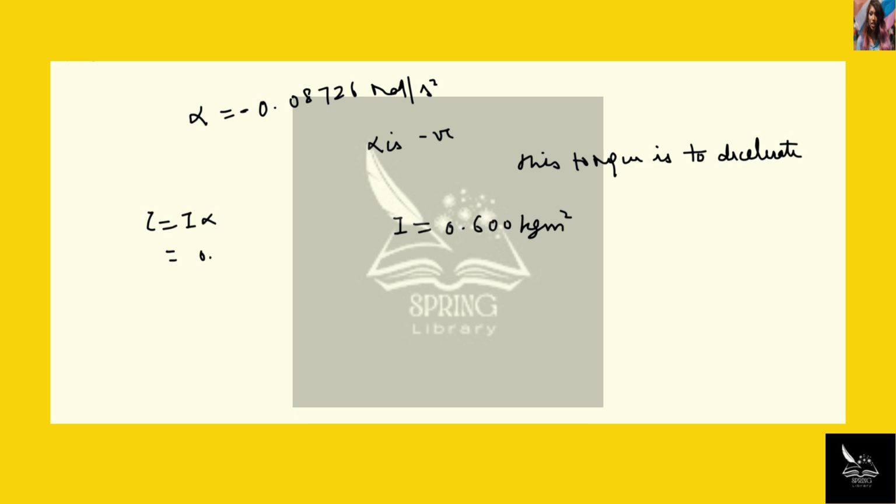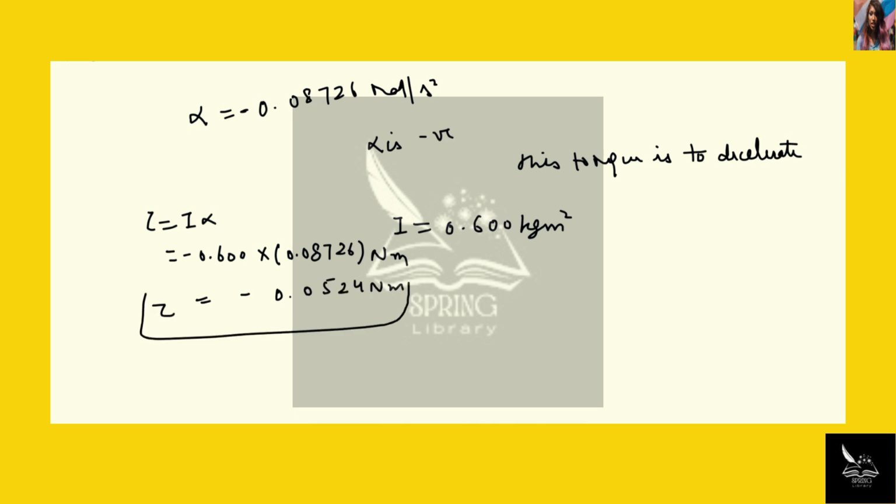So we put here 0.600 times minus 0.08726 Newton meter. This comes out to be minus 0.0524 Newton meter. So that must be the torque applied to decelerate from 75 revolutions per minute to 50 revolutions per minute in 30 seconds. So that's your answer for this question.